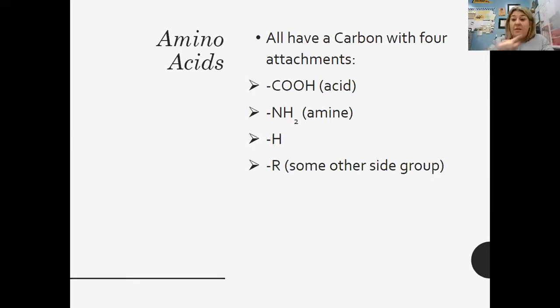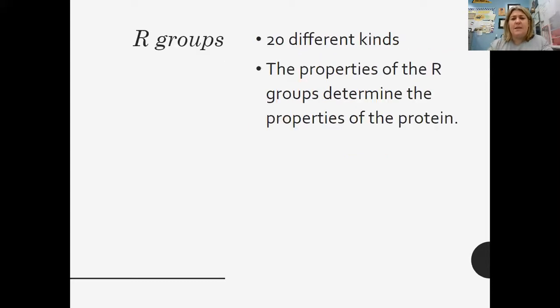You're going to find an amine group, the NH2. There's going to be a hydrogen, and then you're going to have an R group. An R group is just a special side group that causes that amino acid to behave a certain way. And we'll talk a little bit about it when we draw some structures in just a minute.